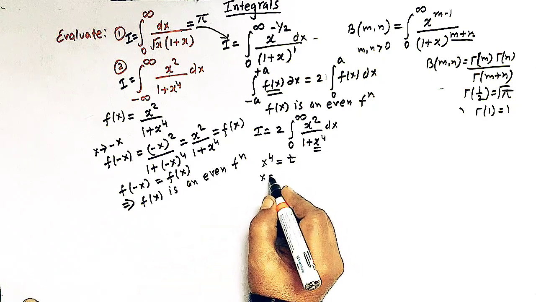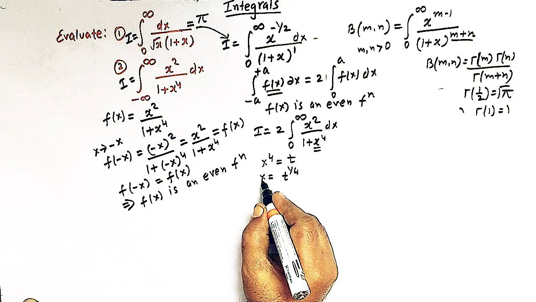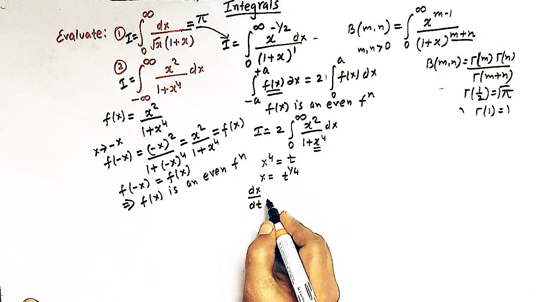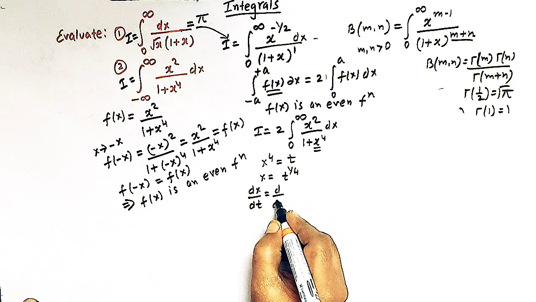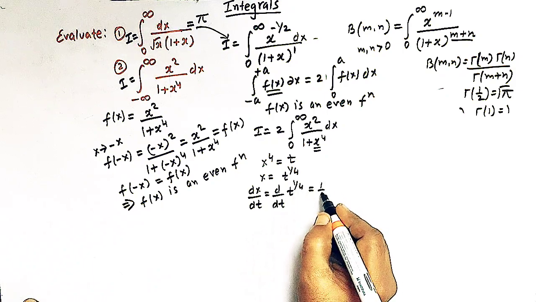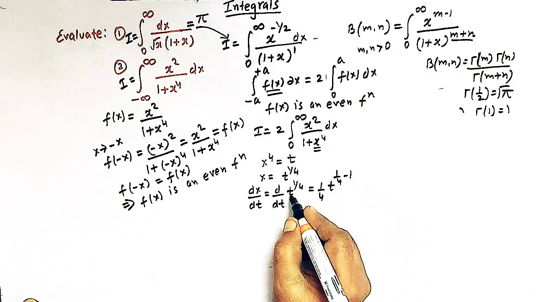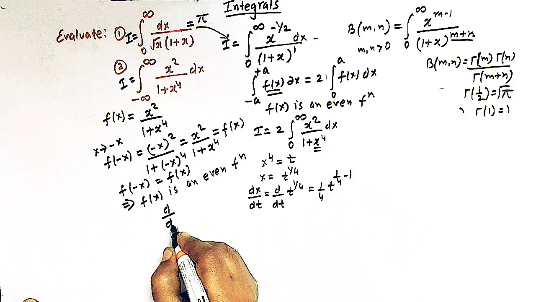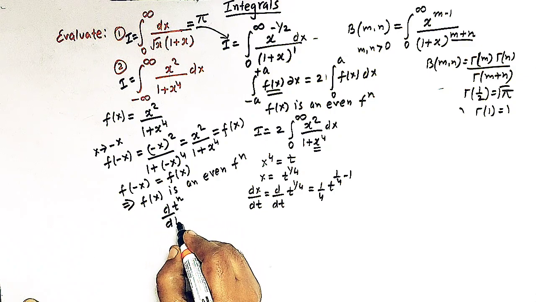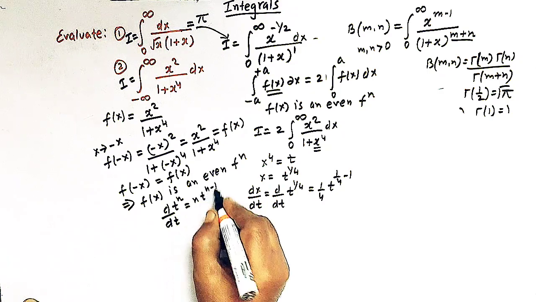So x is now equal to t raised to 1 by 4. Now let us differentiate x with respect to t. So dx over dt is equal to d by dt of t raised to 1 over 4, that is 1 over 4 t raised to 1 by 4 minus 1, applying the power rule, that is the derivative of t raised to n with respect to t is n t raised to n minus 1.